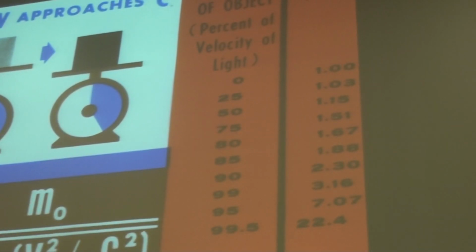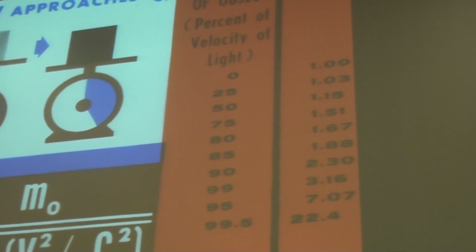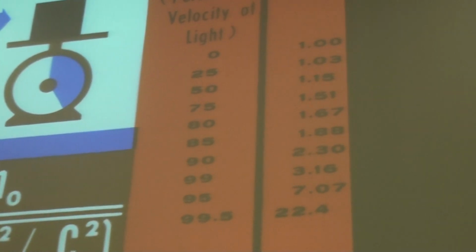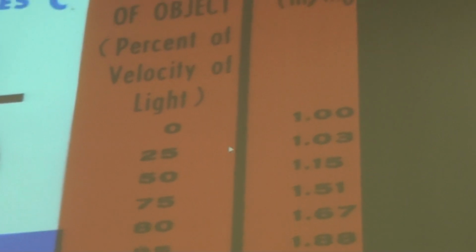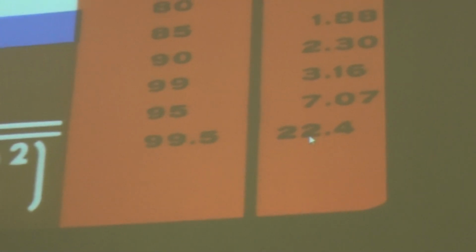Okay, so if we look back up here at the table, we see that in fact that is the value that's shown here for the mass increase at 75% the speed of light. And so that's how all of these numbers were obtained in this table.